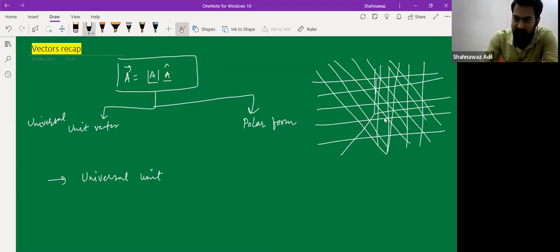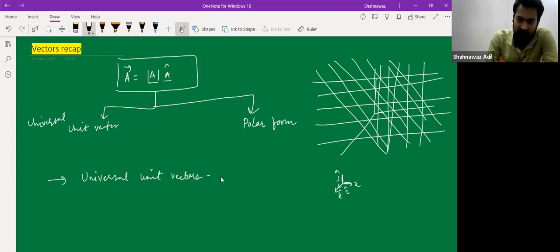Each block is the representation of 1 in this direction, 1 in this direction, and 1 in this direction. This 1 unit is called the i vector in the x direction, in the y direction you have j, and in the z direction you have k. So there are 3 universal unit vectors.